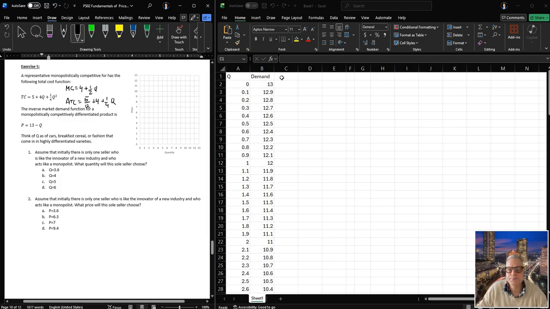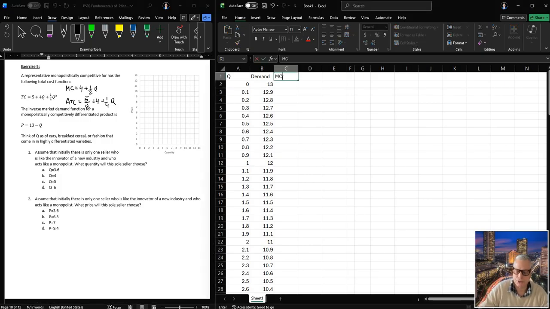Okay, let's add this. So marginal cost, and average total cost for firm I. Marginal cost is 4 plus 0.5 times Q. Average total cost is equal to 5 divided by Q plus 4 plus 1/4 times Q. Of course we get a divide by 0 error message because we can't divide by 0.